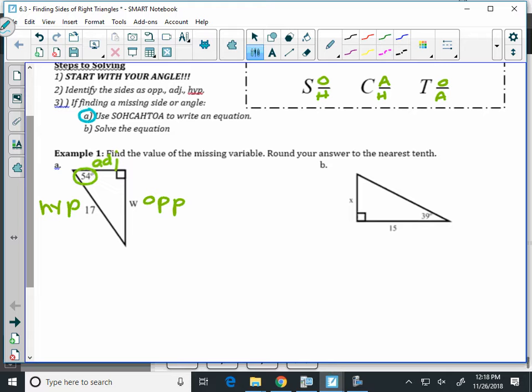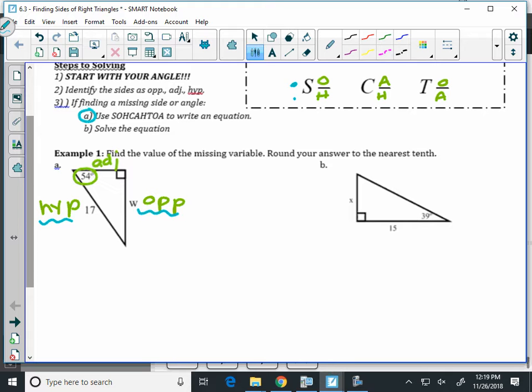Opposite. Which side has our number? Hypotenuse. So we have the opposite and the hypotenuse. That has our variable and our number. So opposite, hypotenuse, are we going to use sine, cosine, or tangent? Which one has opposite and hypotenuse in it? Sine. So we're going to use sine to set up our equation.